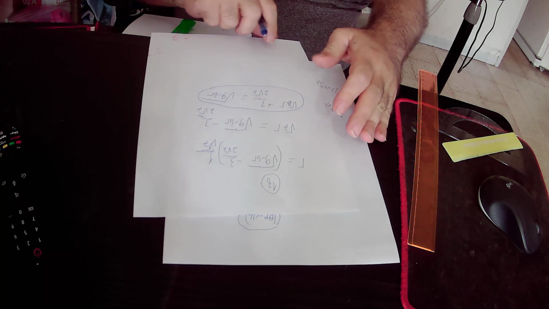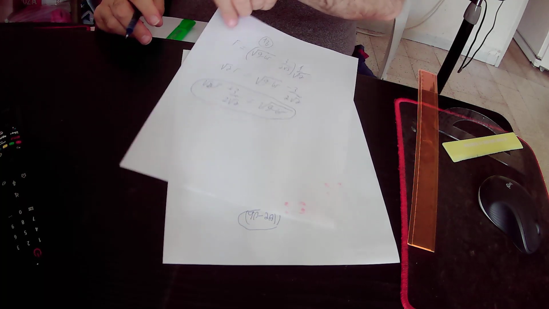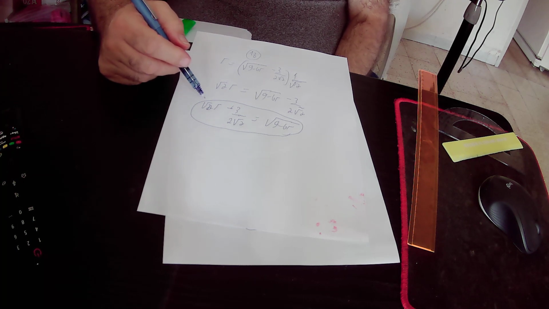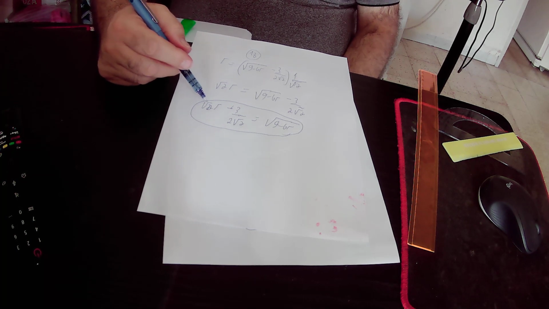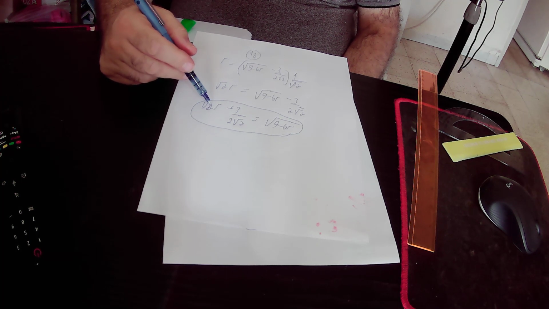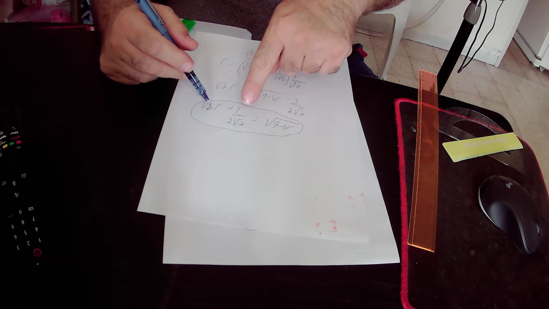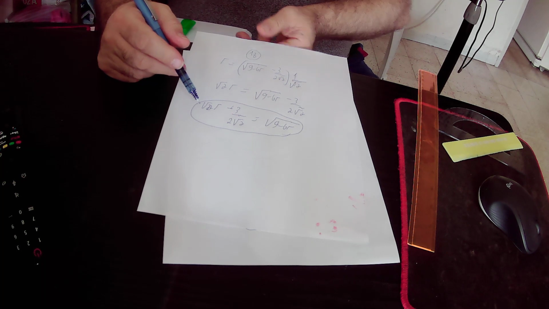Okay, so we got this equality. Here we will multiply this expression by 2 times root 2, and then we will divide it by 2 times root 2 in order to have a common factor in this expression.